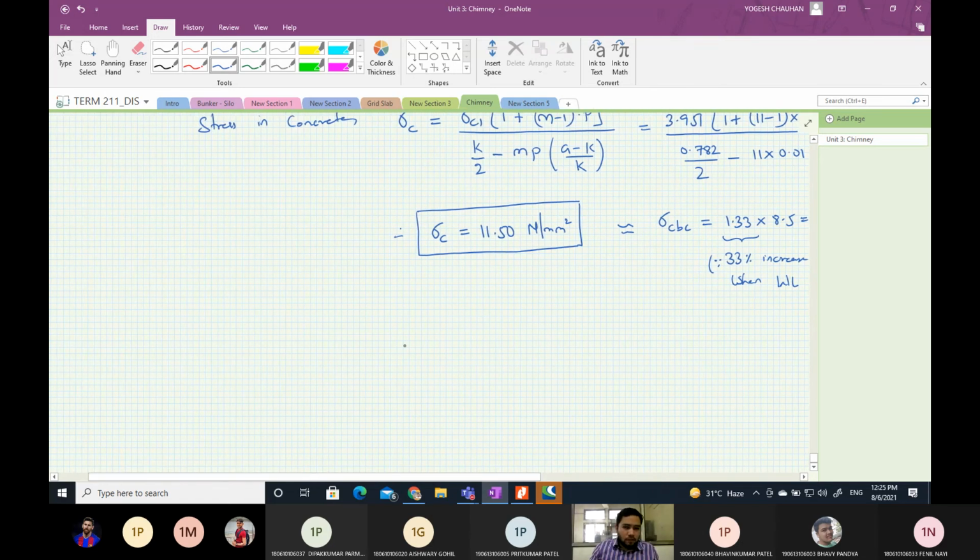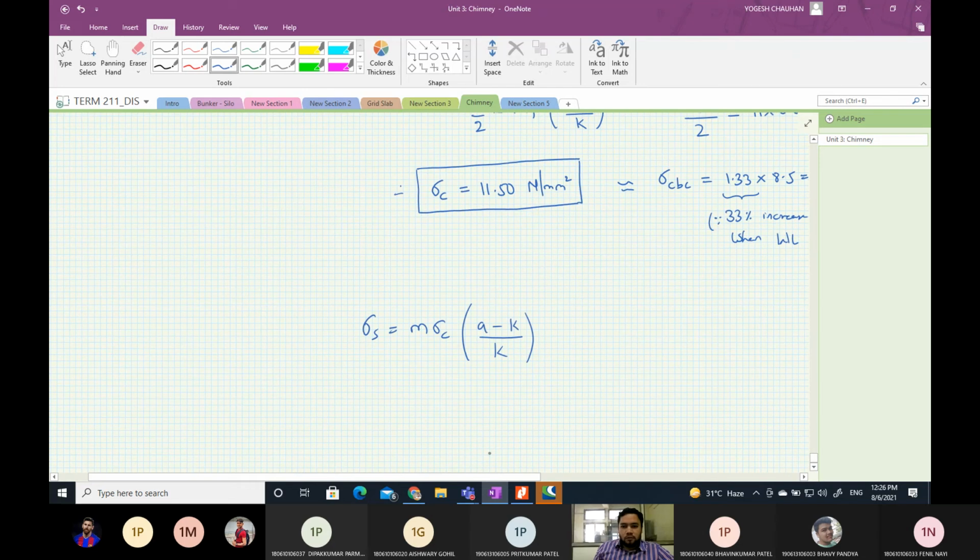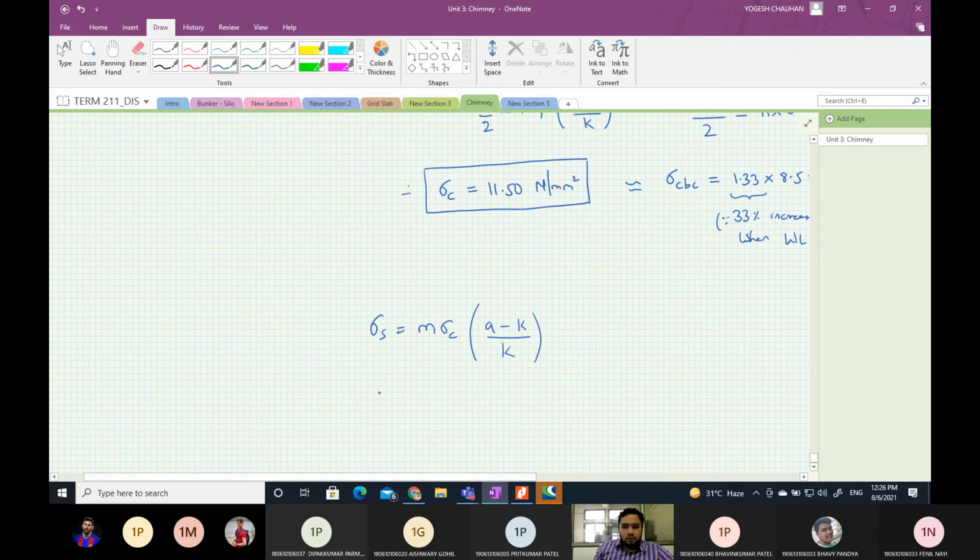Okay, next we can find sigma s. So sigma s is given by m times sigma c multiplied by a minus k by k, 11 into 11.5 into a is 0.875 minus k is 0.782 divided by 0.782.